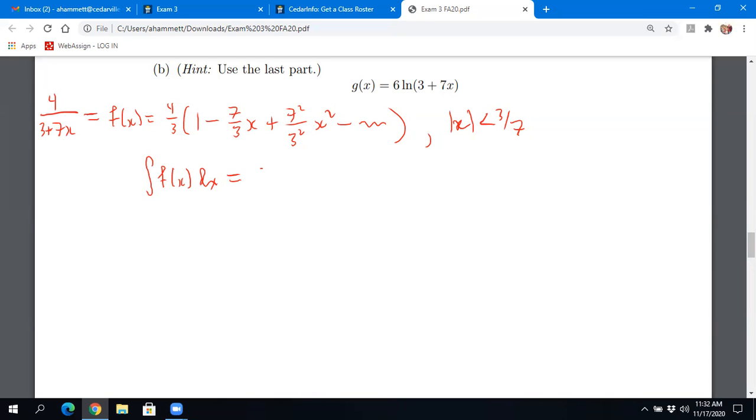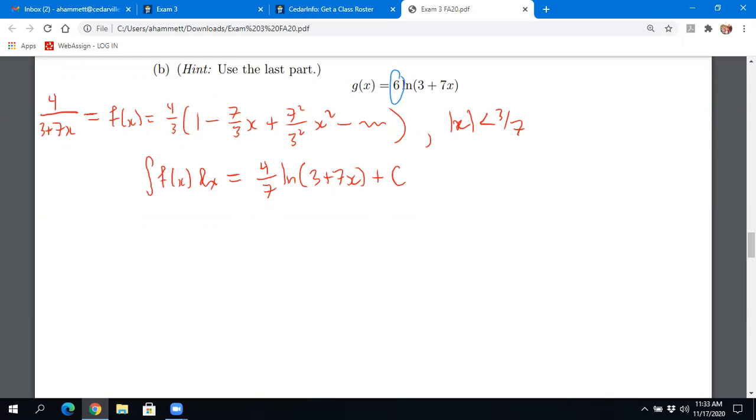So the integral of this is 4/7 natural logarithm of 3 plus 7x plus some kind of constant, yeah? Okay, that doesn't quite look like what we wanted. It's off by a little bit. There should be a 6 there, not a 4/7, yes? You see what I mean? Okay, so how can I fix that?